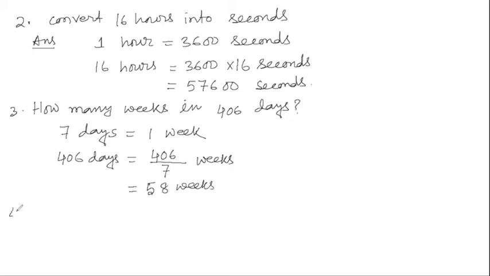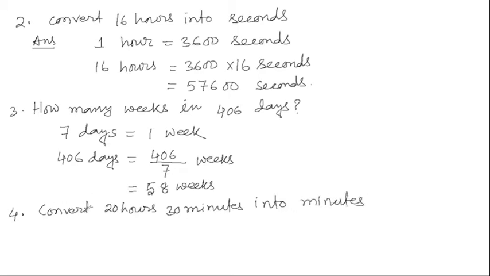Okay. Next, fourth example, convert 20 hours 30 minutes into minutes. So first you convert 20 hours into minutes, and then you add 30 minutes to it. You will get total time in minutes. So 1 hour here is equal to 60 minutes.